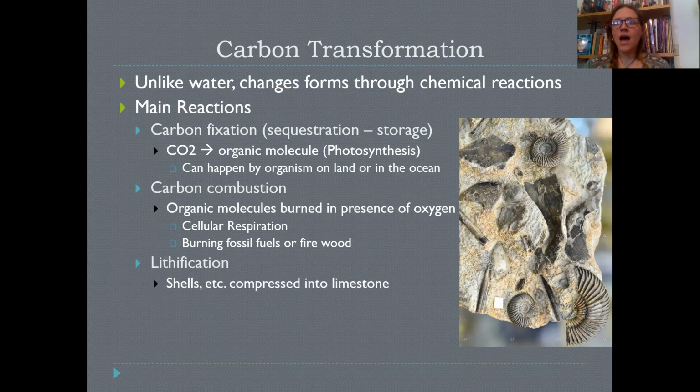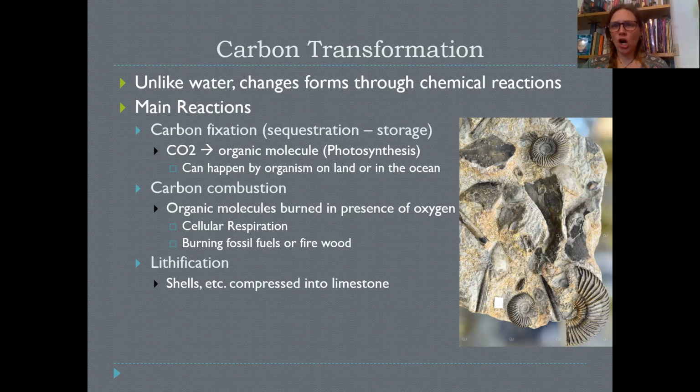And then another process is lithification. And so this is when living organisms make carbonate compounds. And so organisms with shells do this. They build seashells.